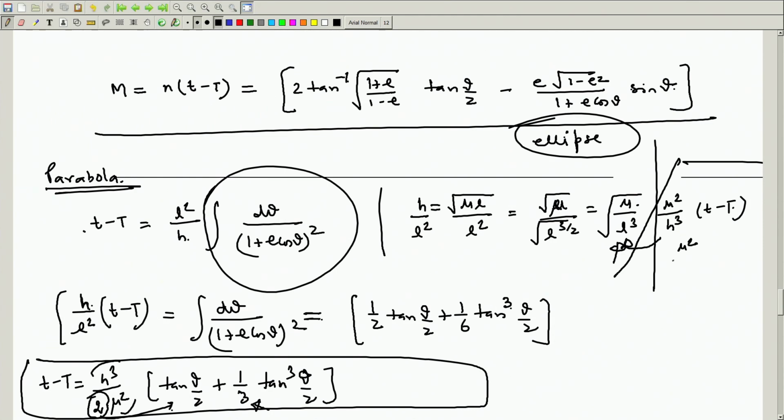Okay. So, this mu square and h equal to mu times L under root. Okay. So, this becomes 3 by 2 (t minus tau), and therefore, this becomes mu to the power 1 by 2 and L to the power 3 by 2 times (t minus tau). So, we get the same term.